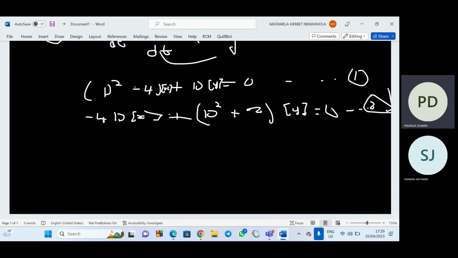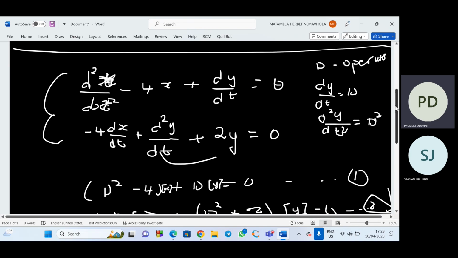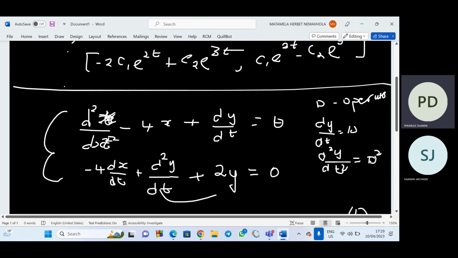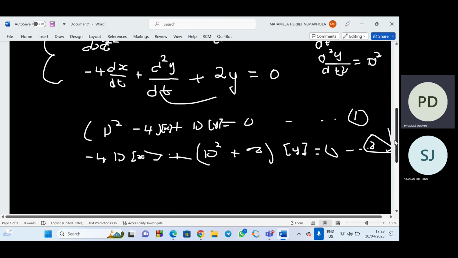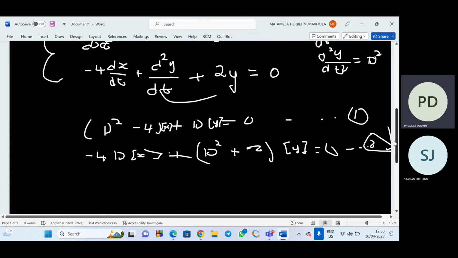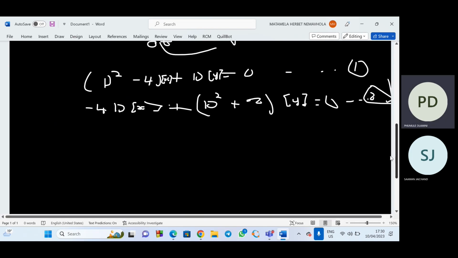So now we have to solve. We have to find the general solution of this linear system. In order for us to find the general solution of this linear system, we have to solve for x, and we also have to solve for y.